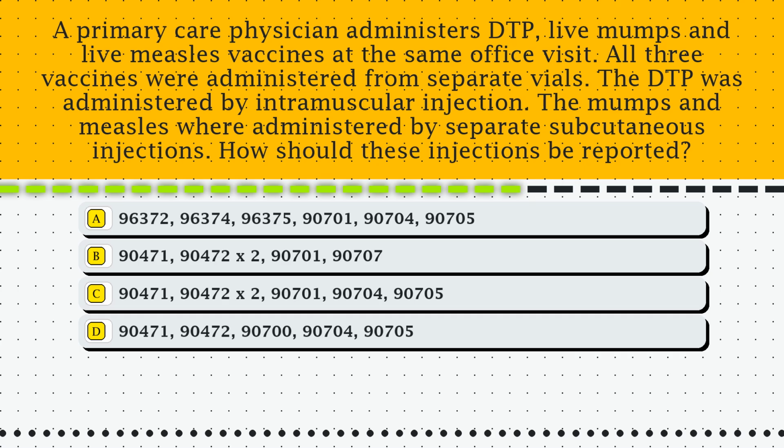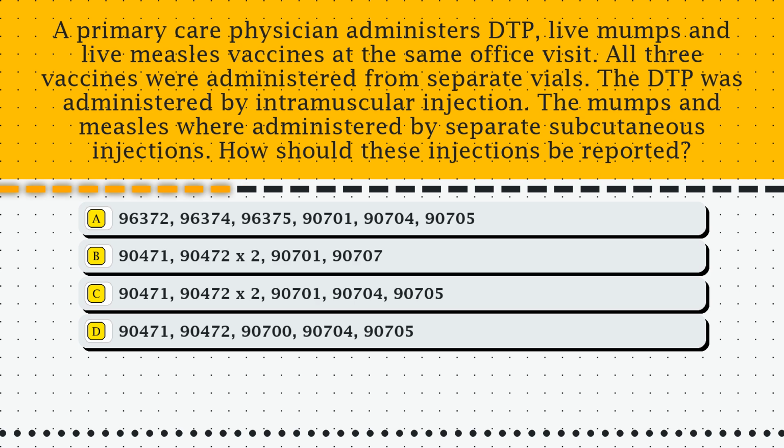Option A, 96,372, 96,374, 96,375, 90,701, 90,704, 90,705. Option B, 90,471, 90,472 x2, 90,701, 90,707.